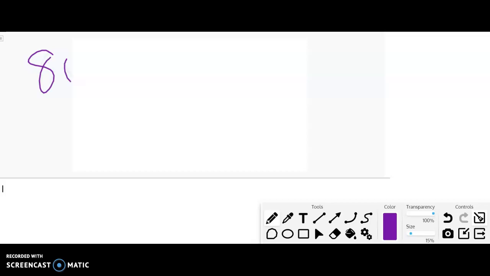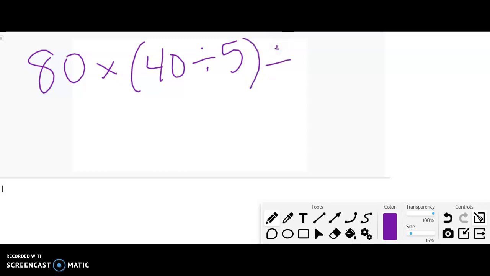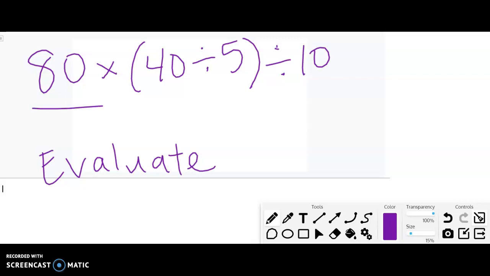If I have 80 times (40 divided by 5) divided by 10. All right, so again, I'm going to evaluate this expression. Evaluate just essentially means getting an answer.